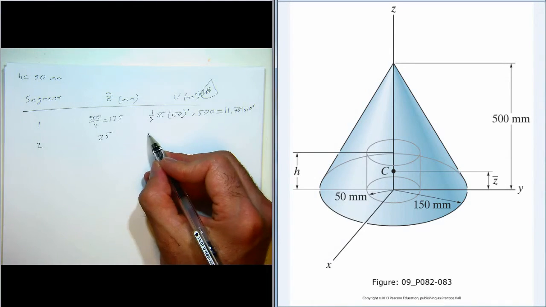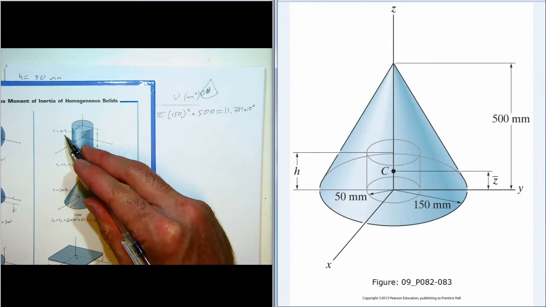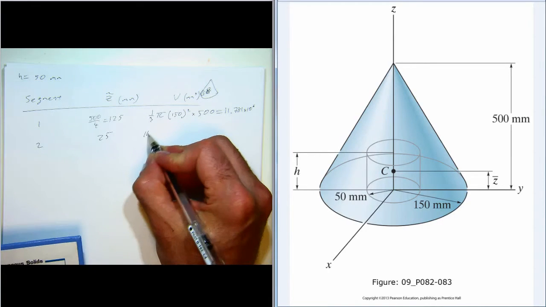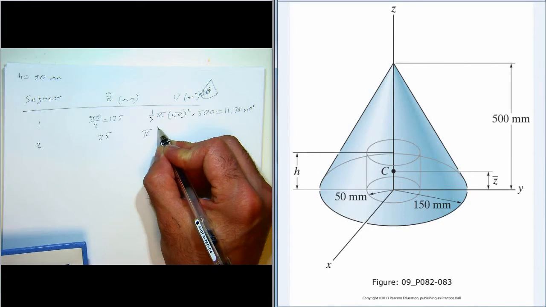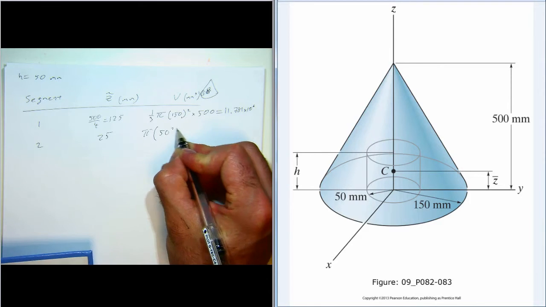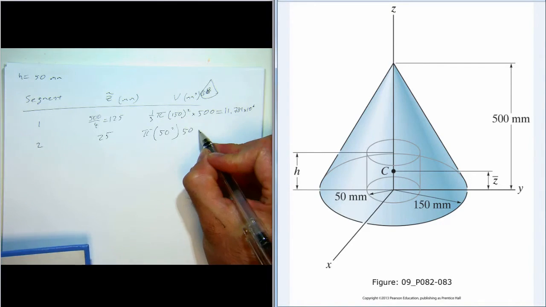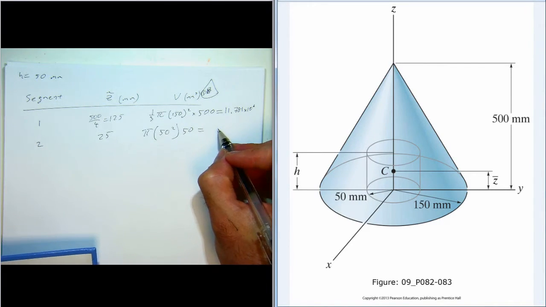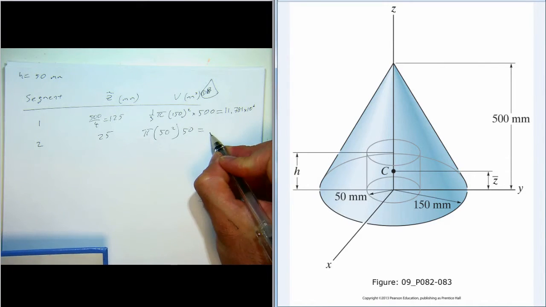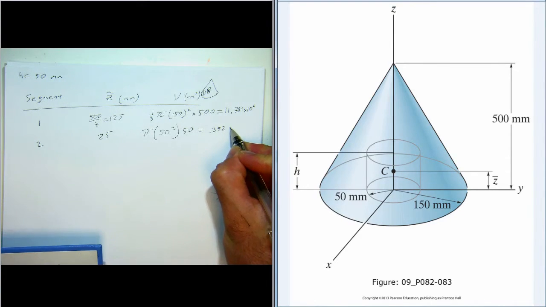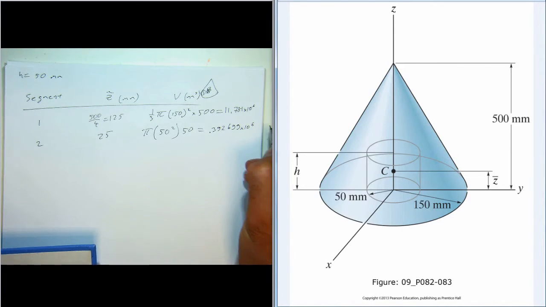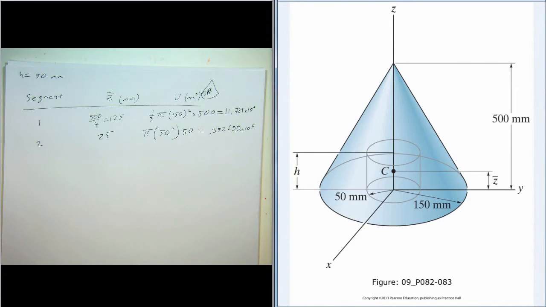And the volume for a cylinder is pi r squared times h, so pi times 50 squared times 50, and that is 392,699.